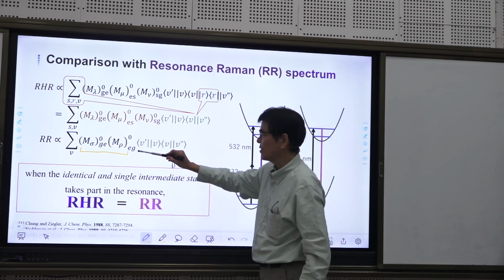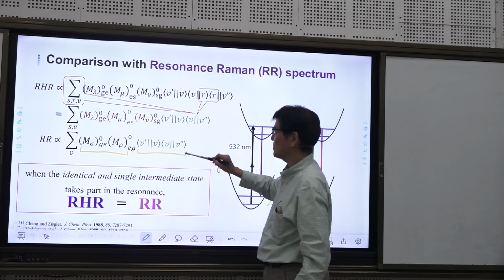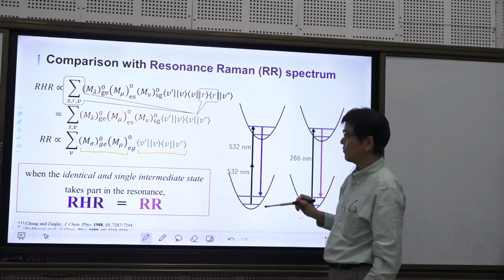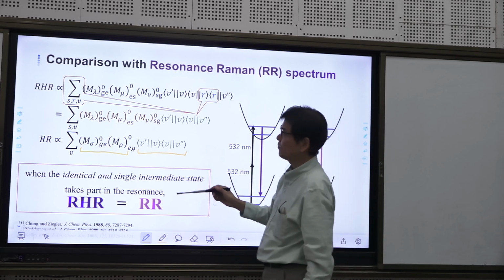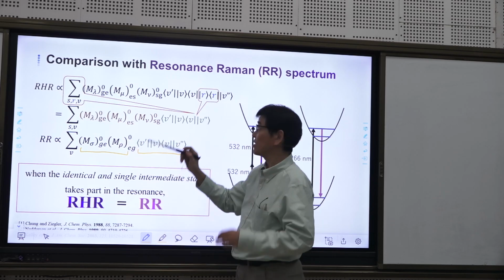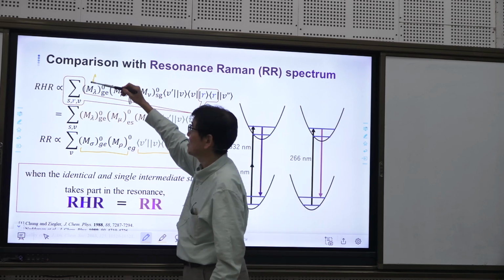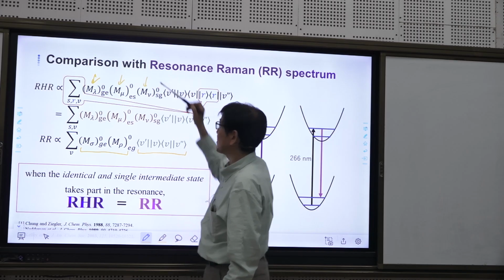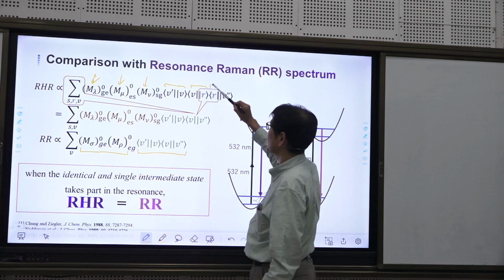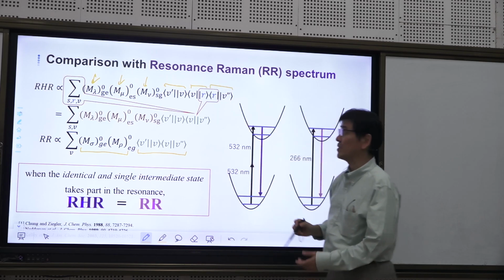Also, it contains the overlap integral of the vibrational wave function. In the case of resonance hyper-Raman, this is a 3-photon process, so 3 terms appear: 3 transition dipole moments, and 3 overlap integrals of vibration wave function.